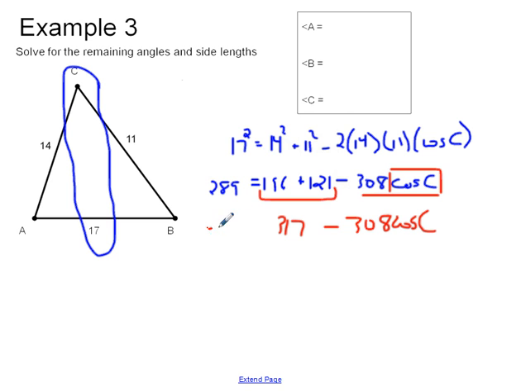Okay. So then we minus our 317. Once again, not combining it with the cosine, because that is bad.